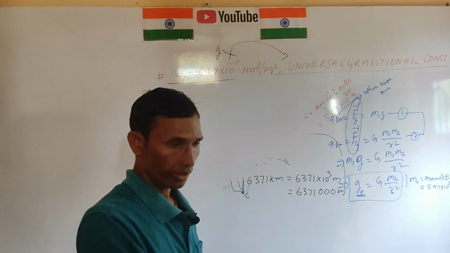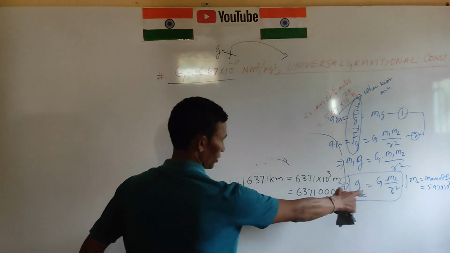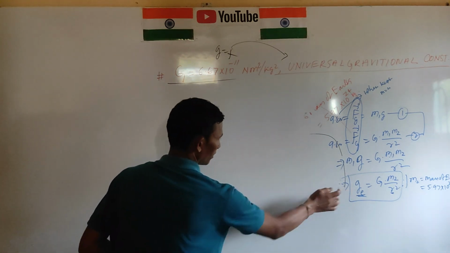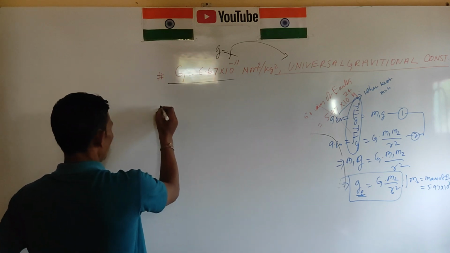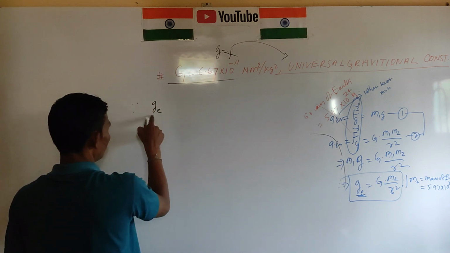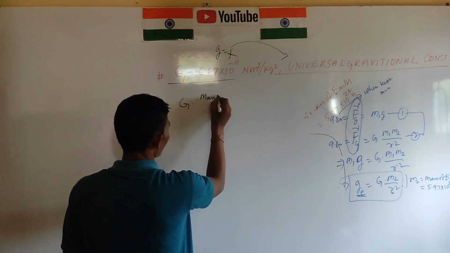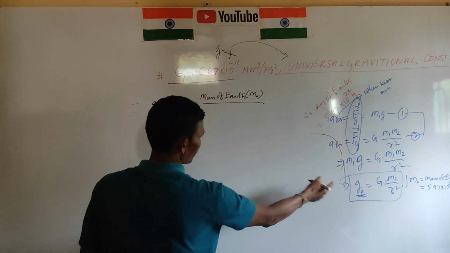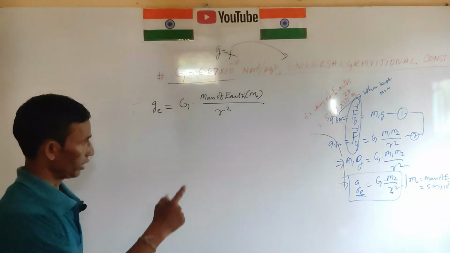Kepler's law is related to this constant G, capital G. So we write once again the equation: capital G, mass of earth m2, and r is the distance between center to center of the body.